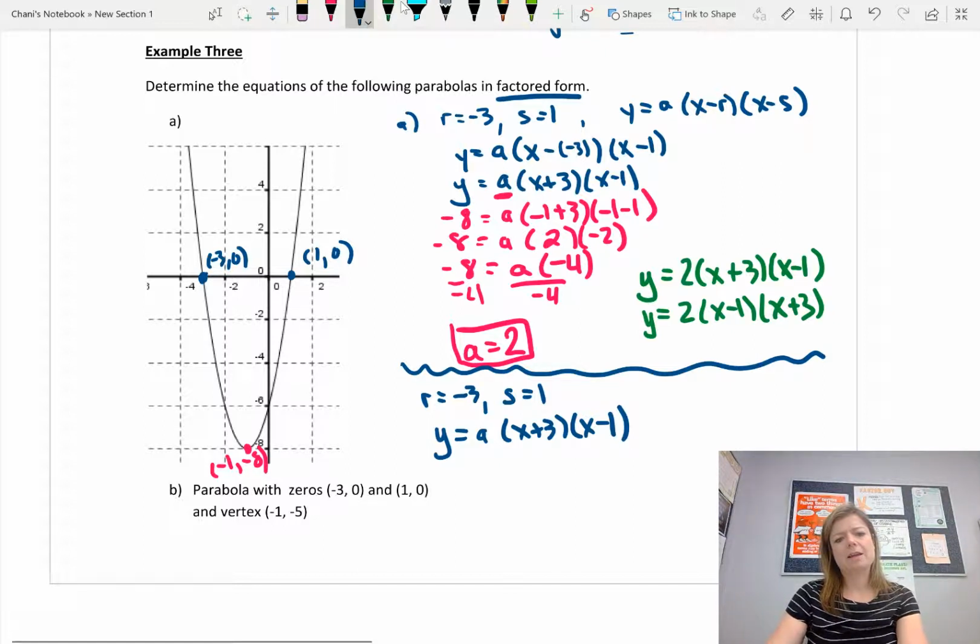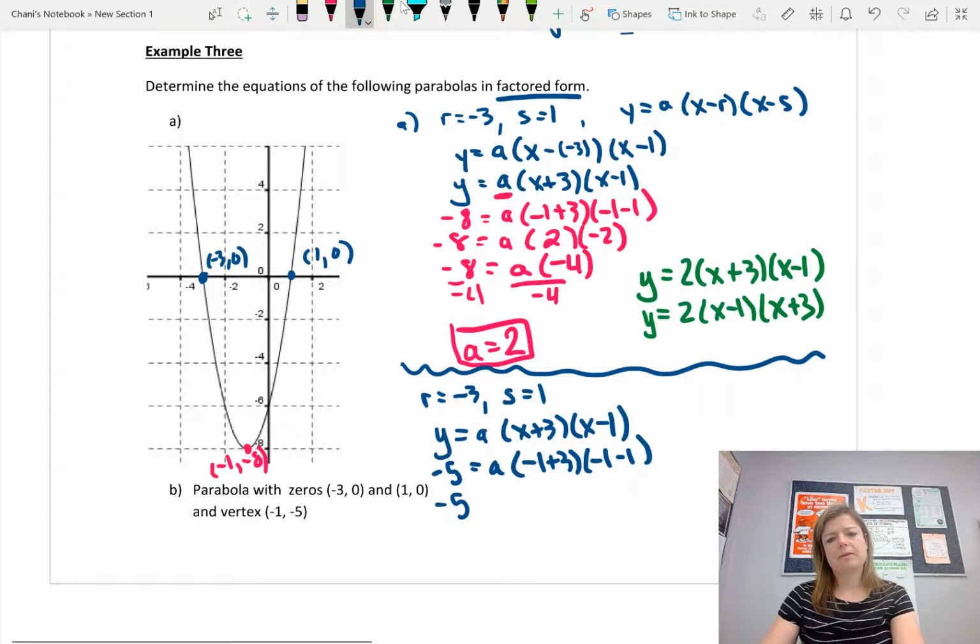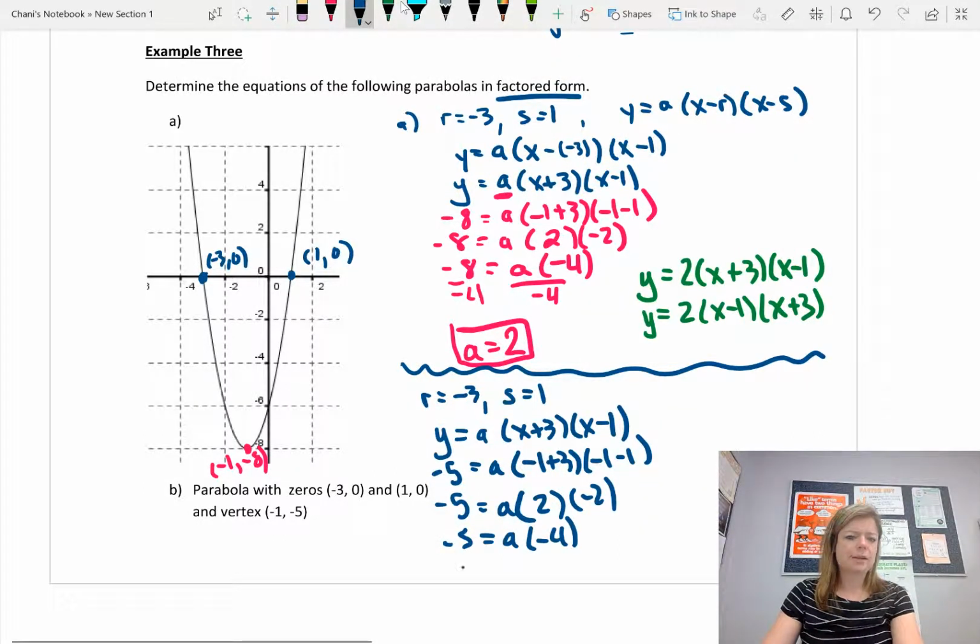So now we have to sub in this coordinate. -5 equals a, -1 plus 3, -1 minus 1. So now we do brackets first, follow BEDMAS. So we have 2 times -2. So -5 equals a times -4. So a is equal to +5 over 4.